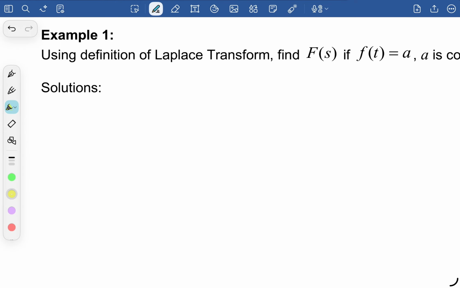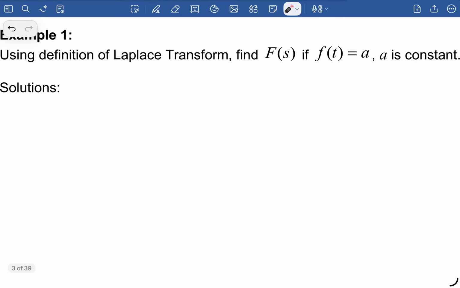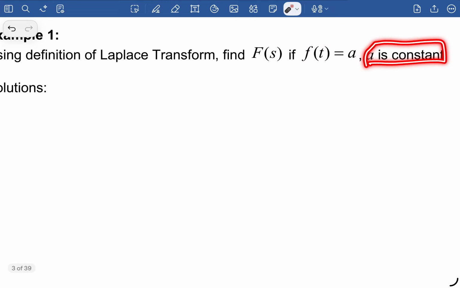You are given, use the definition to find F(s), when the f(t) given to you is a, where a is a constant. Constant here means it can be any number. It can be 5, 10, 100, 3, 7. It can be any number, just a constant.